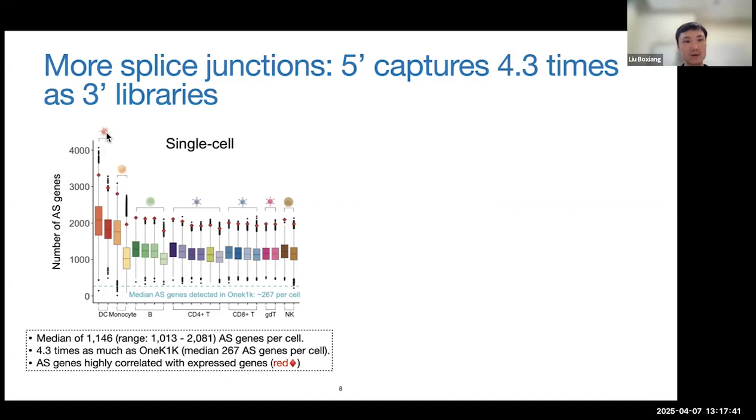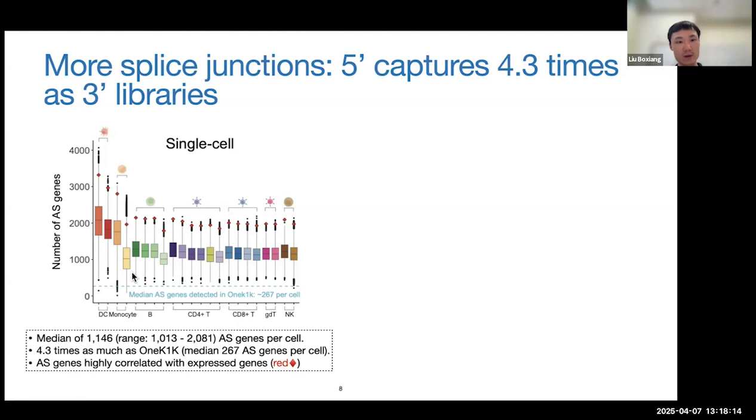So these are different cell types across the PBMC landscape, and across all the cell types, we were able to identify between 1,000 to 2,000 alternatively spliced genes per cell. So this is actually comparable to the number of expressed genes per cell. And I'll talk to you about why we could do this in a second.